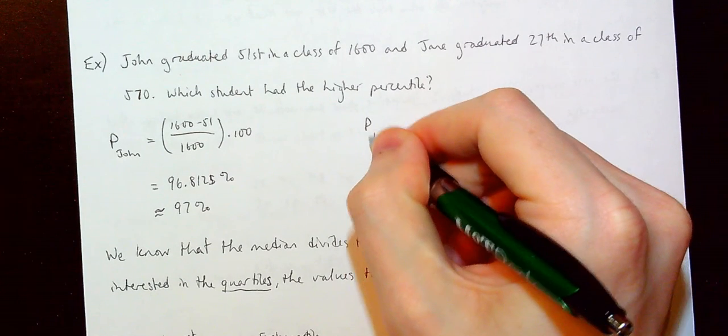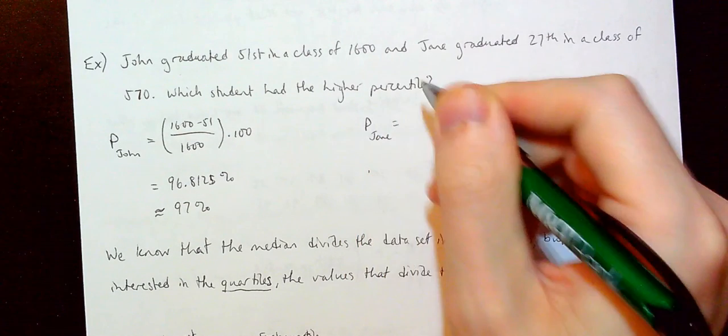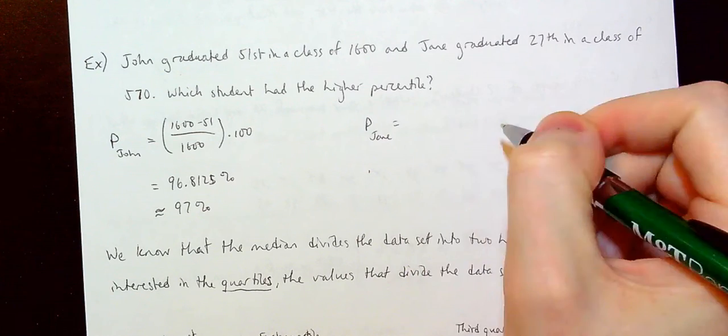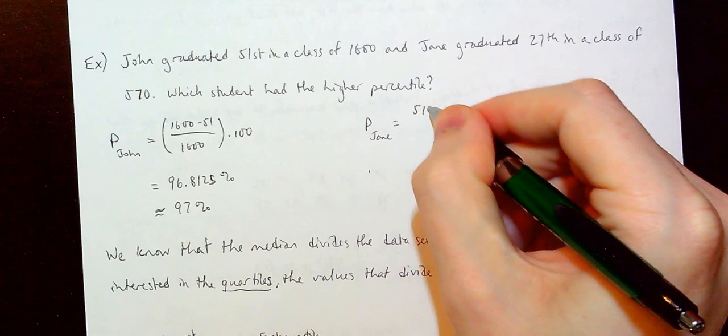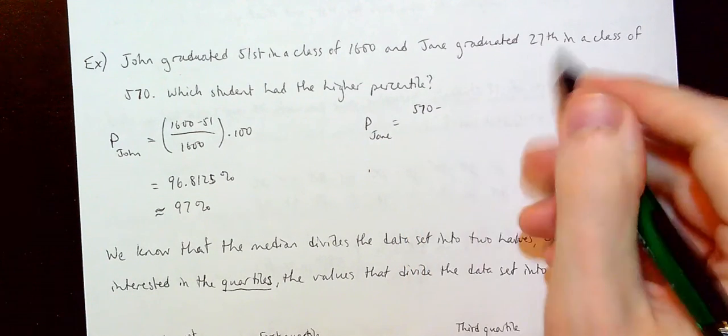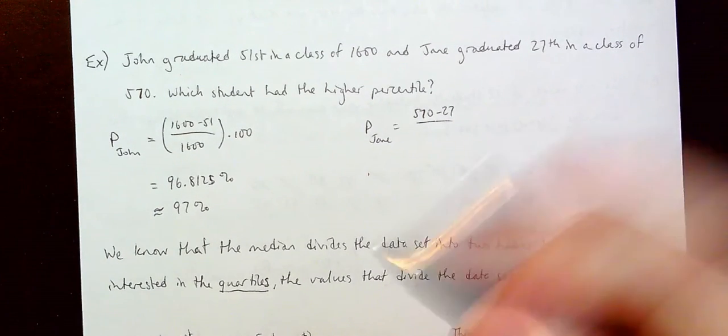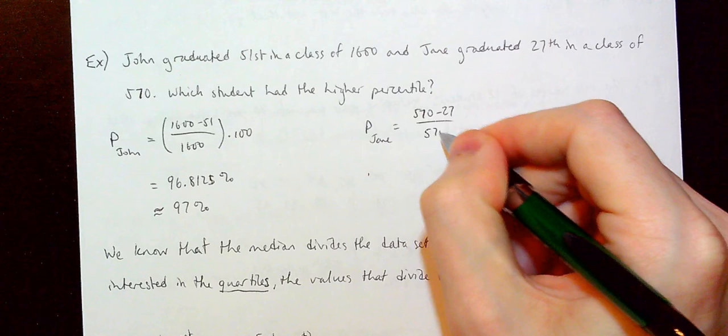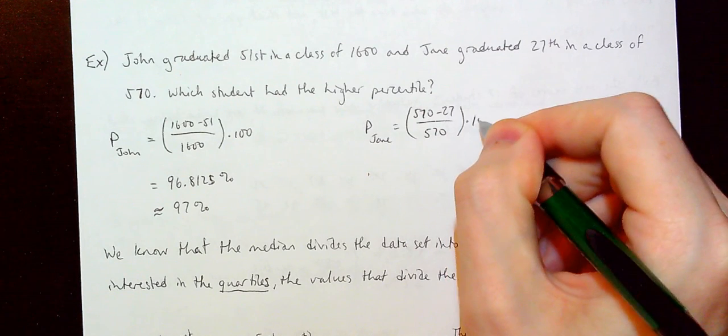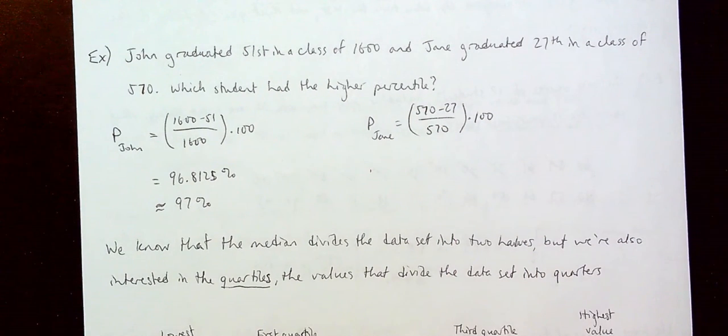Percentile for Jane is going to be the 570 minus the 27. That's the number of people who graduated after her, divided by 570, and then that times 100. 570 minus 27 divided by 570 times 100.